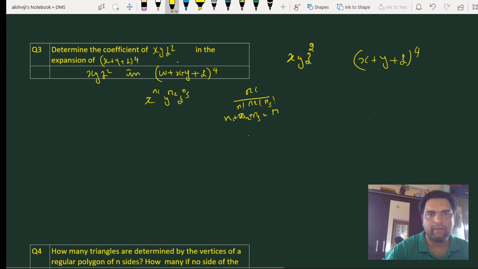So we can use this particular result to find the coefficient of x y z squared in the expansion.